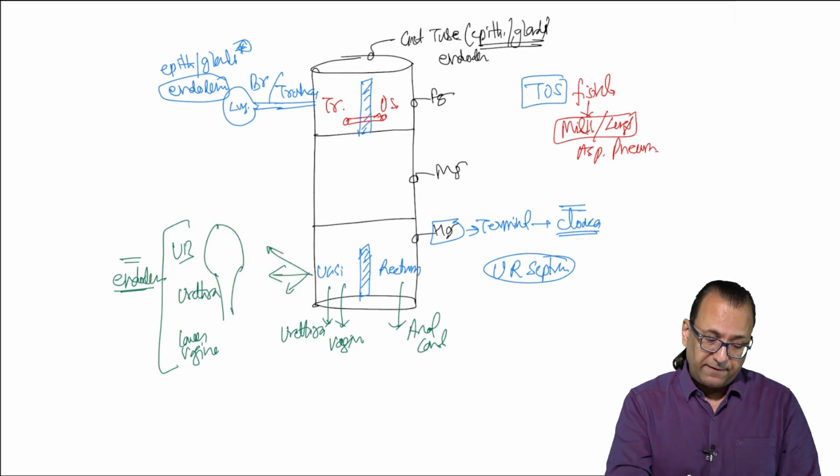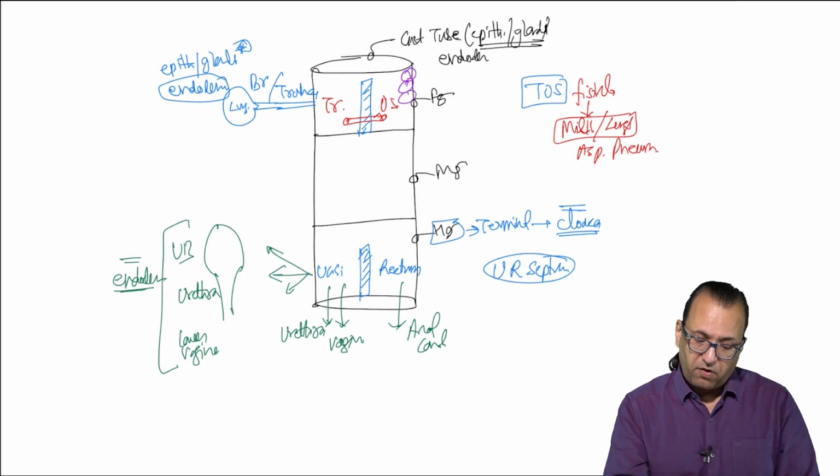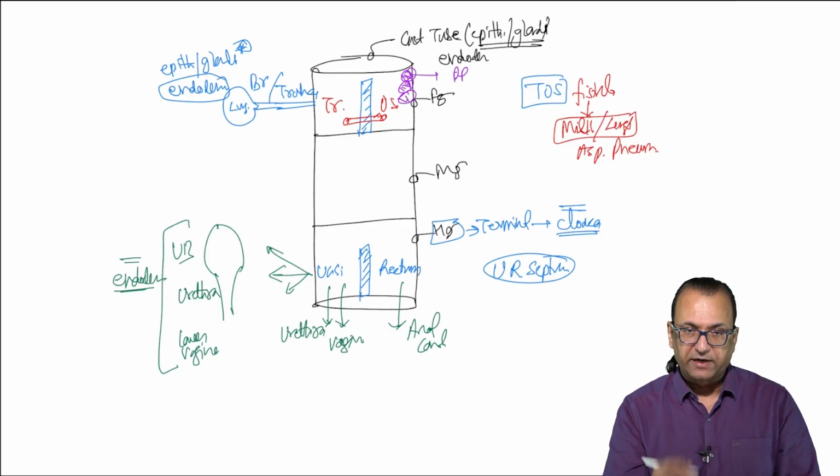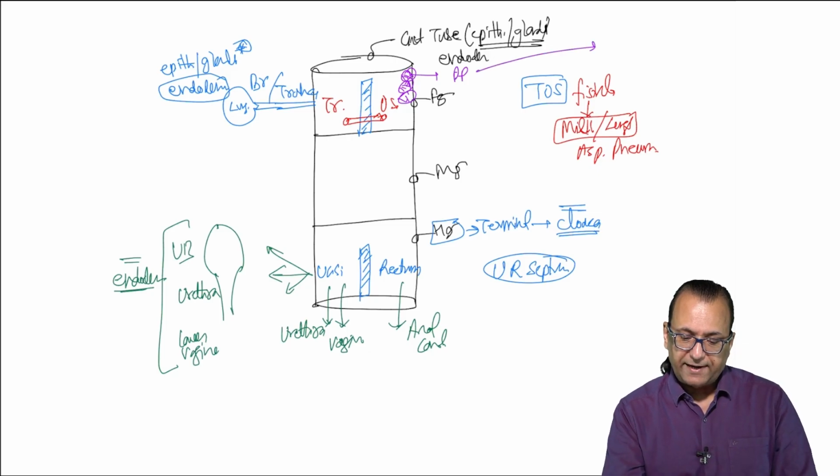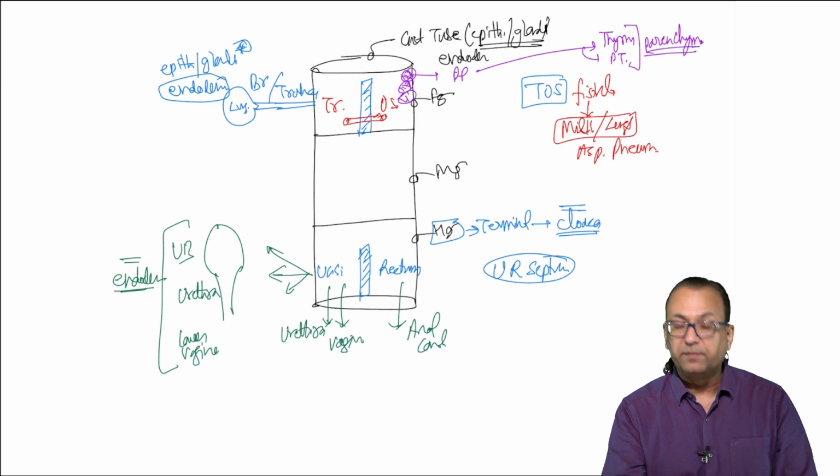Now we have seen that the lateral wall of the pharynx, right and left side, will have pharyngeal pouches, and pharyngeal pouches give us glands like thymus gland or parathyroid gland, and their parenchyma or glandular tissue is also from endoderm.